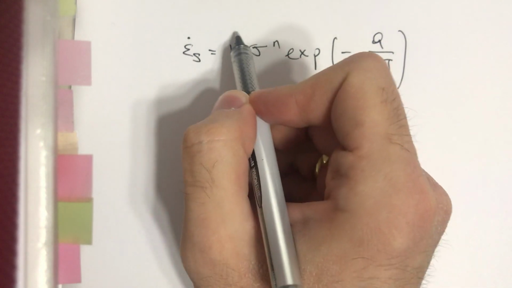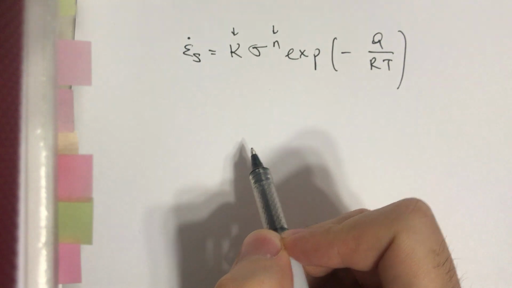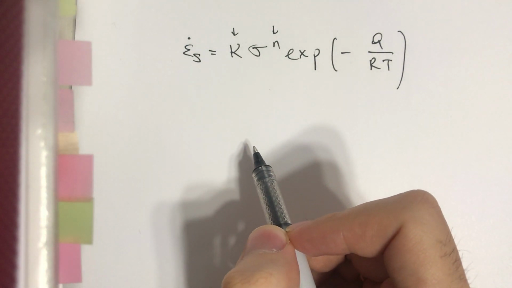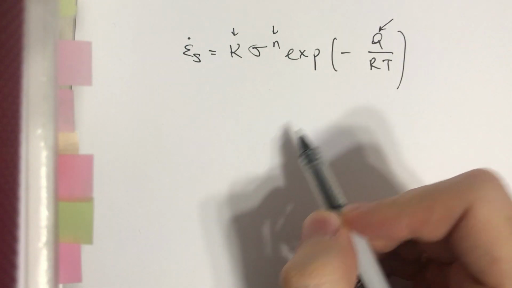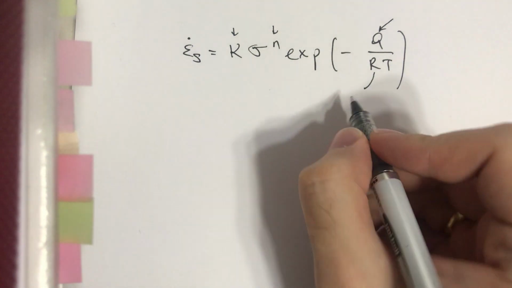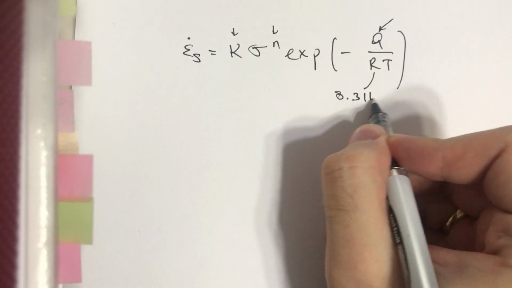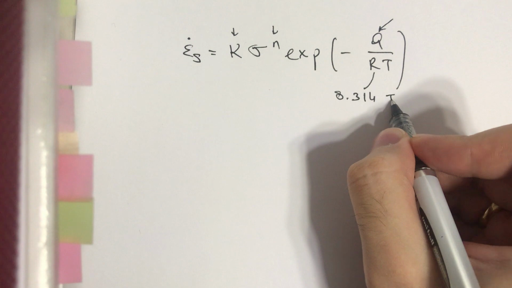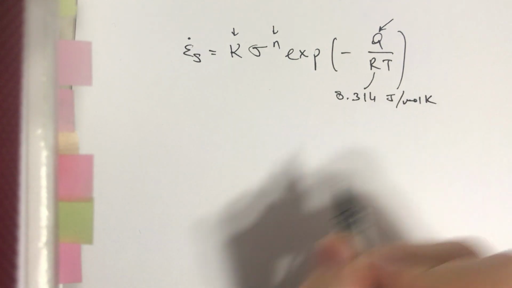This is the stress level. This K and n are material specific parameters. They need to be determined. The activation energy is given to us, and R is the universal gas constant, 8.314 joules per mole Kelvin.